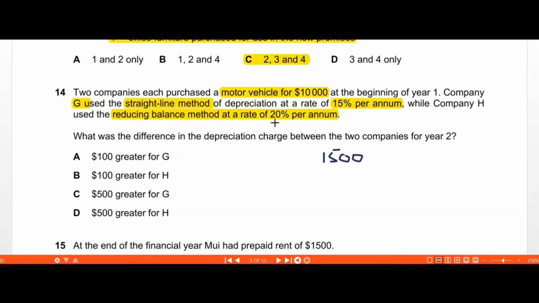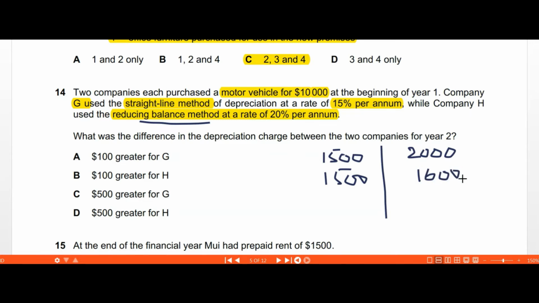And 20% per annum is the reducing balance method, so for the other company, company H, for the first year it will be 20% of 10,000, so that will be 2,000. And then next year under the reducing balance method, this 20% will be on the net book value, so the net book value will be 2,000 deducted from 10,000, so 20% of 8,000 will be 1,600.